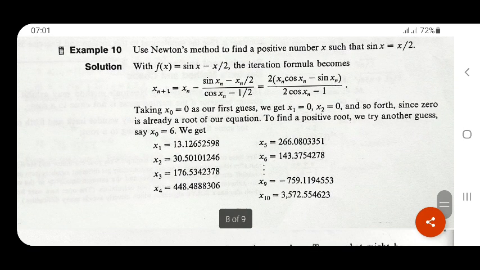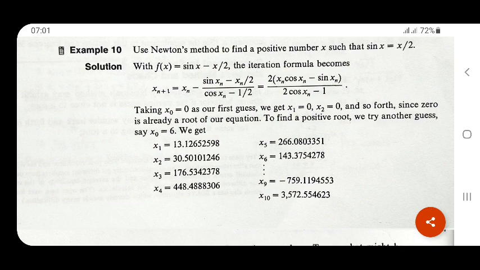As another example, given f of x is equal to sin x minus x by 2. Choosing x naught equal to 0, all the terms are 0, so we cannot end up with a positive root of f of x equal to 0.